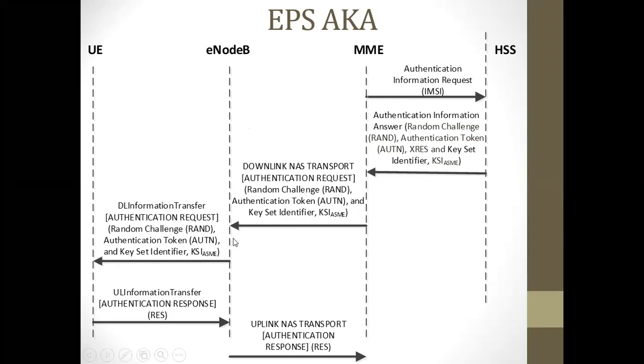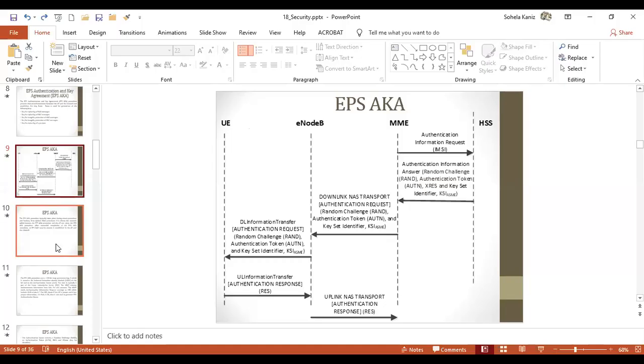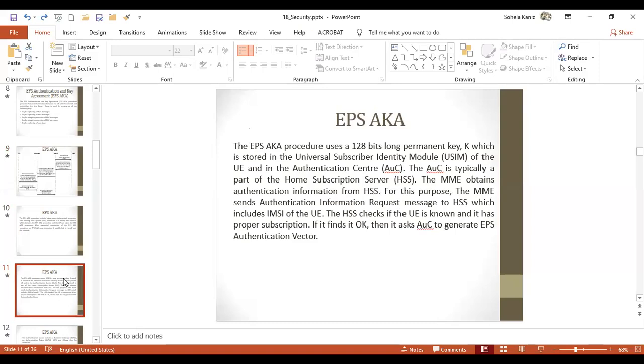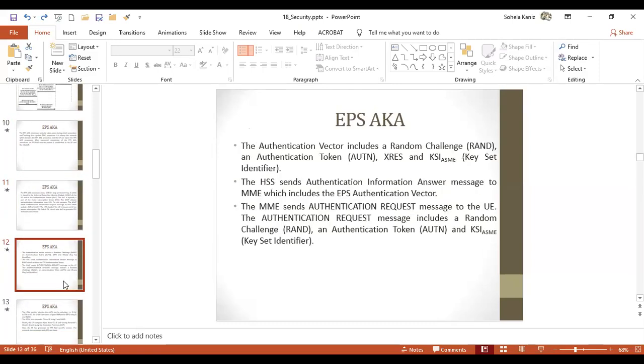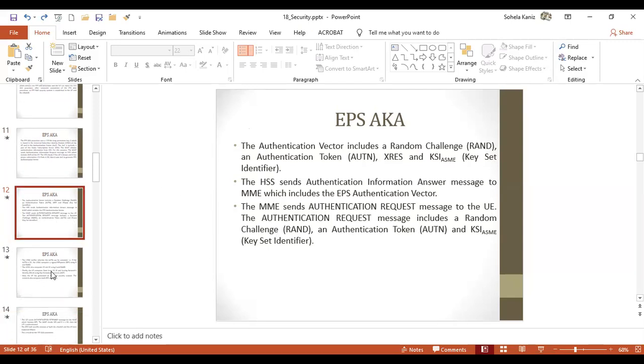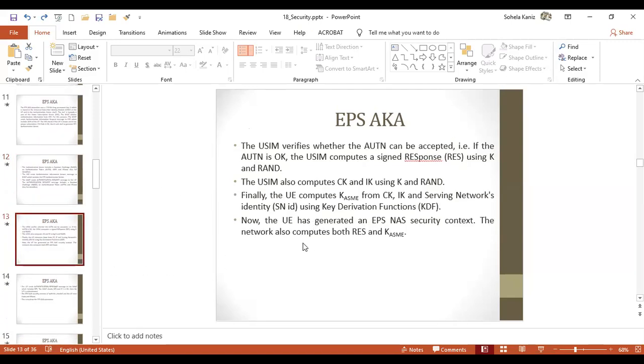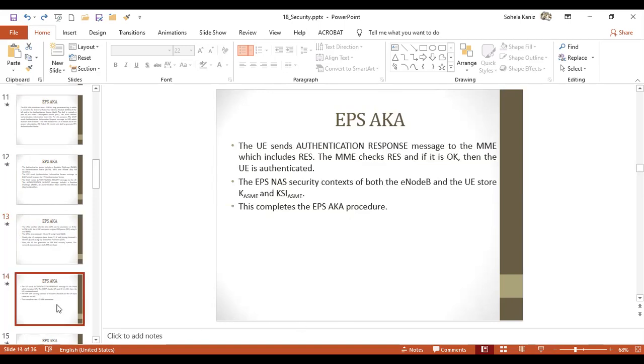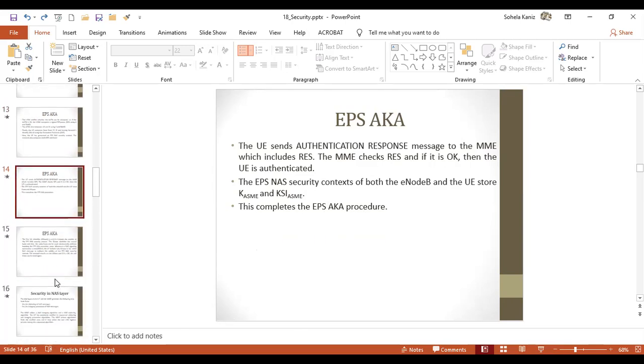So a key, KASME, is generated here and stored, and that will work as the context for all other security measures. The UE generates KASME from whatever it has, and the MME also has KASME generated, and this will be used for the subsequent security steps.